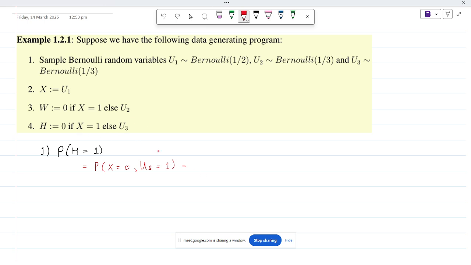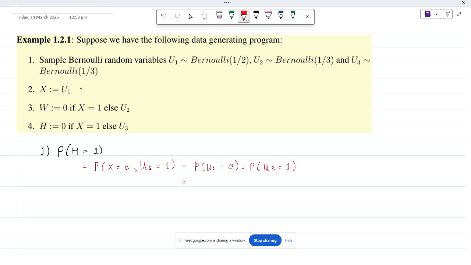Okay, anyway, so let's see. The probability of X being equal to 0, X depends on U1 basically. So this means that U1 equals 0, because if U1 is 0, then X will be equal to 0. And then I can multiply this with the probability that U3 equals 1.